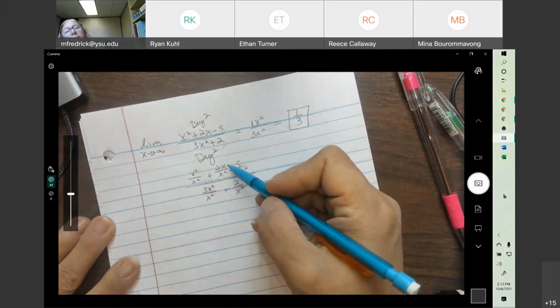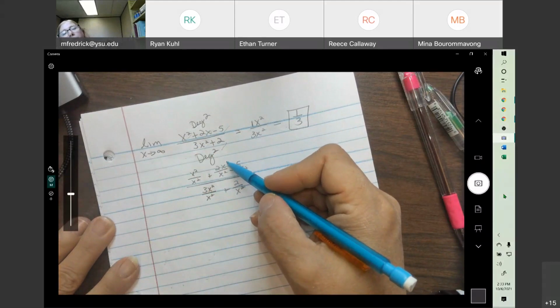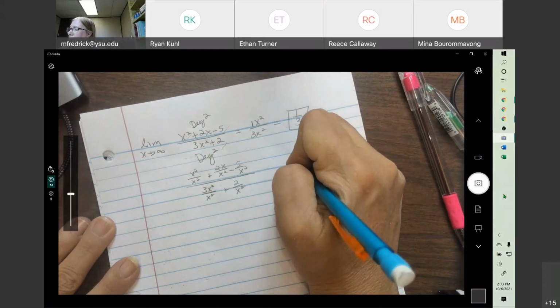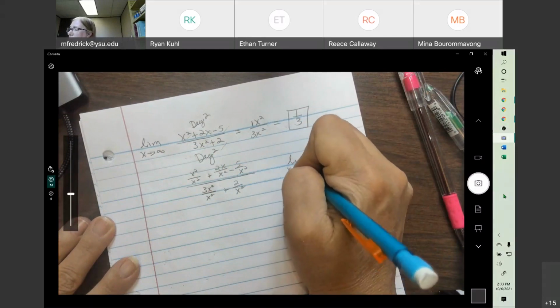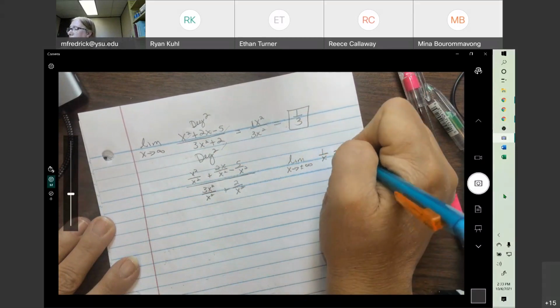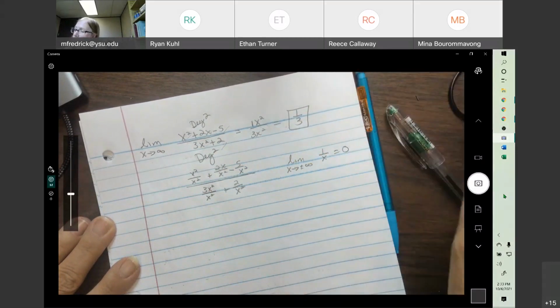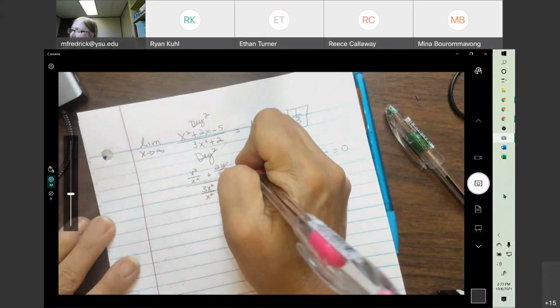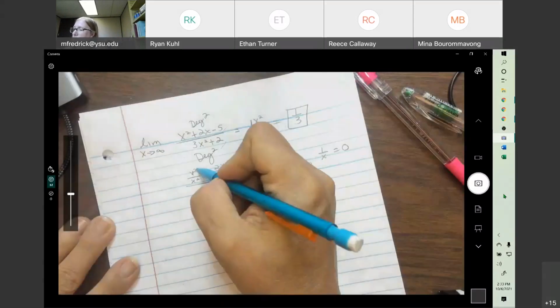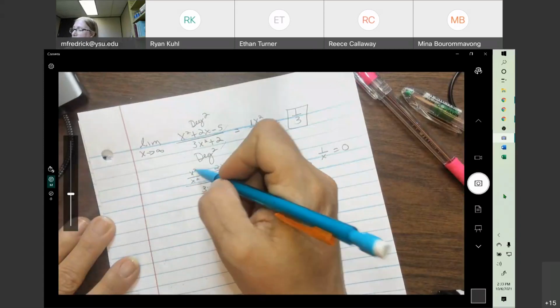Now what happens is if your degree on your top is smaller, those go to 0 because the limit as x approaches positive or negative infinity of 1 over x is 0. So these go to 0. X squared over x squared reduces to 1.